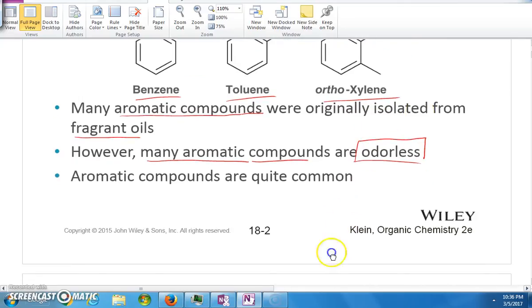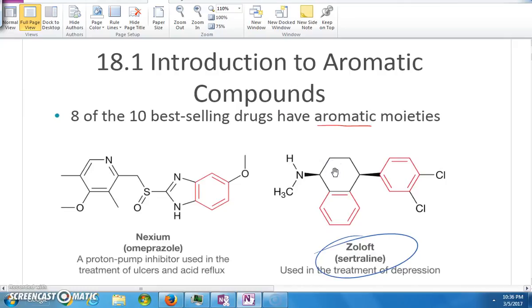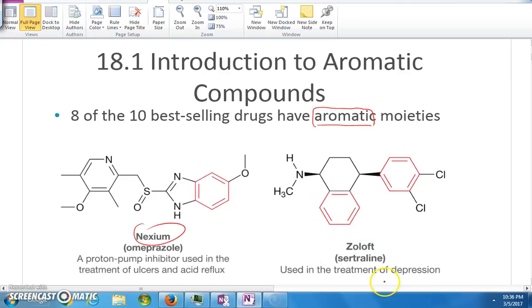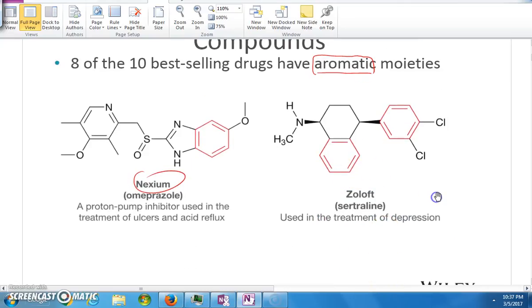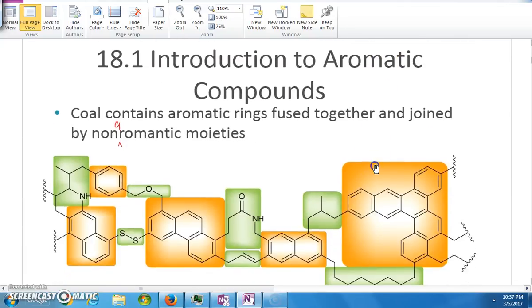Now, aromatic compounds are quite common. In fact, about 8 out of 10 certain drugs have aromatic moieties. Examples include Nexium, which is also known as omeprazole, or Zoloft, used in the treatment of depression. Now, coal, as we already know, contains aromatic rings fused together and joined by non-aromatic moieties.